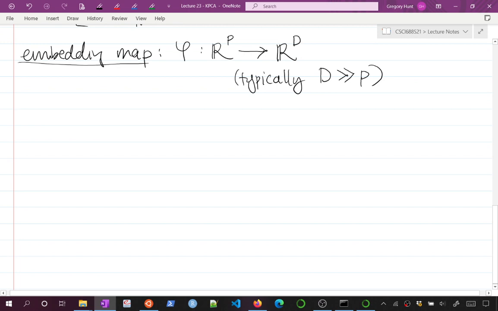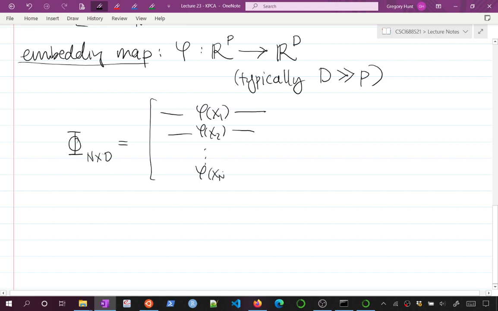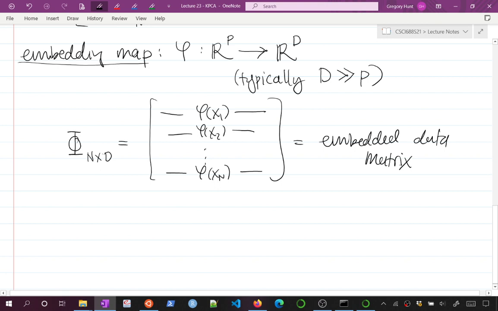So, using this embedding map phi, we're going to form a new data matrix, the embedded data matrix, capital Phi, where the n observations are now embedded in this d-dimensional space, and the rows are phi of x1, phi of x2, all the way down to phi of xn. This is our embedded data matrix, embedded in this larger space.